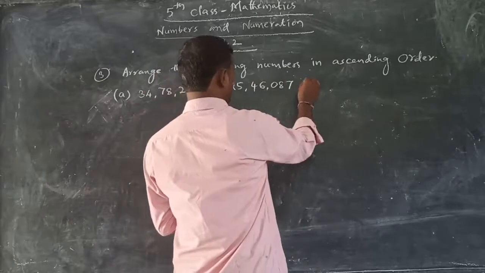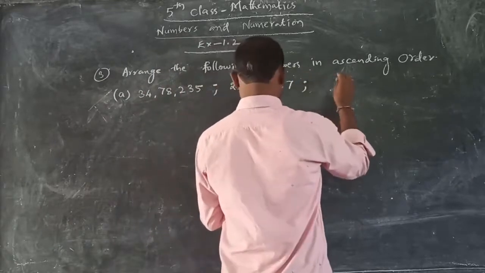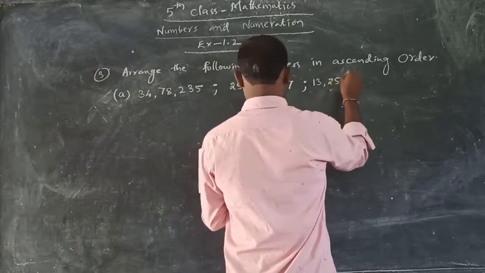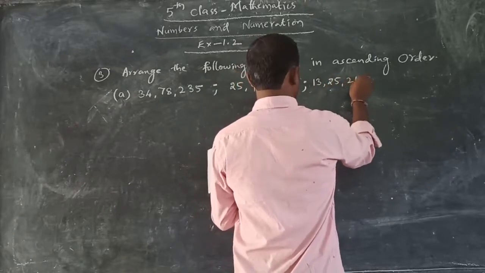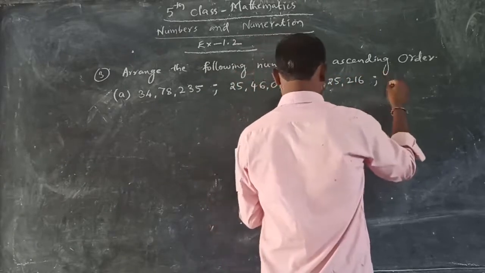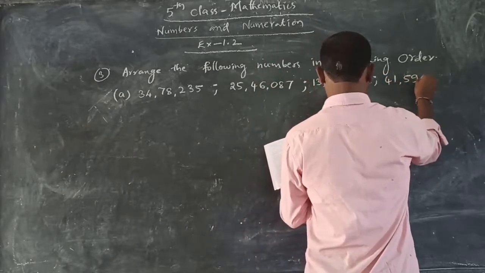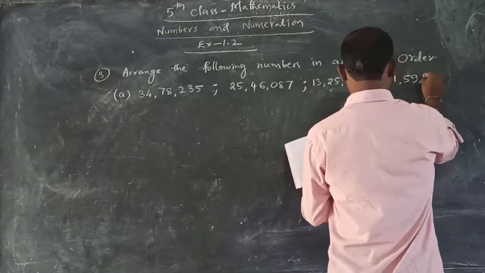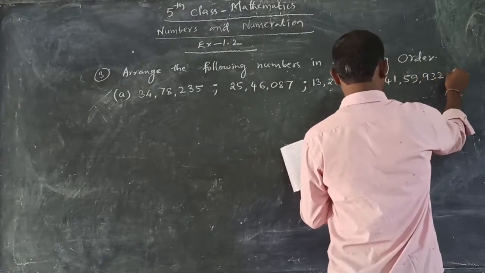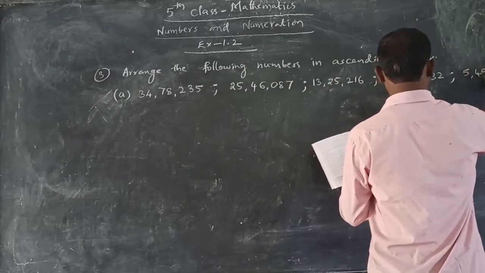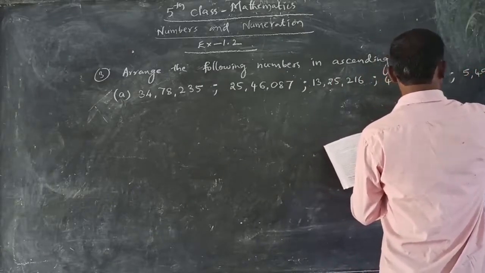Second one. Next, 13,25,216. Next, 41,59,932. And 5,49,076.